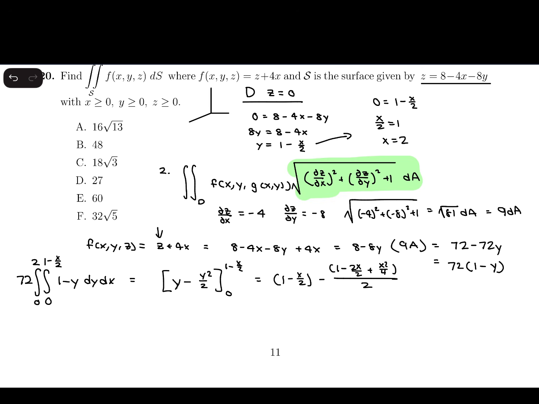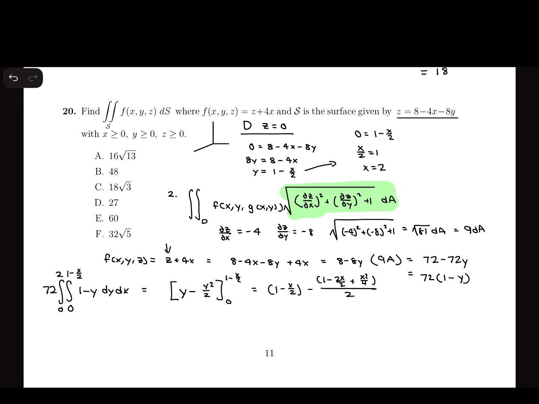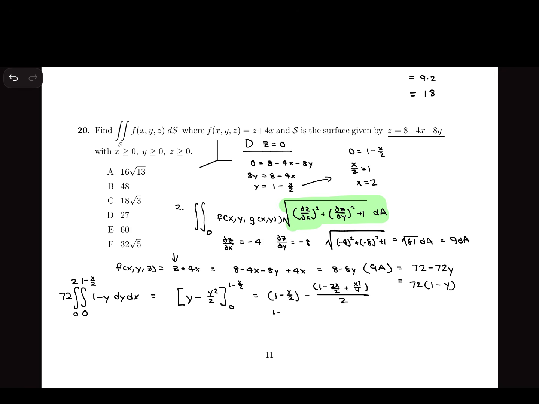Okay, so now that we have this all figured out, we have 1 minus x over 2 minus 1 minus, I'll just call that x because the 2's cancel out, plus x squared over 4, over 2. We can rewrite it as this: 1 minus x over 2 minus 1/2 minus x over 2 plus x squared over 8.